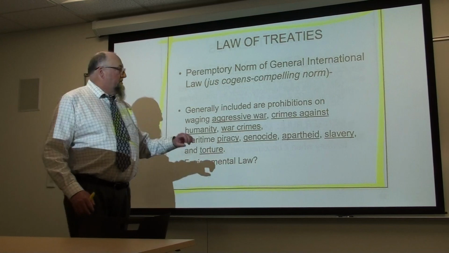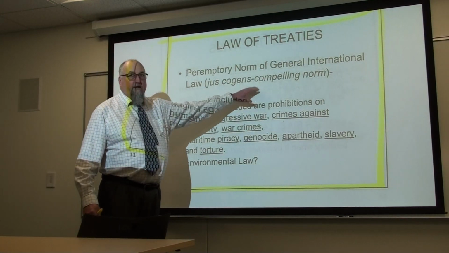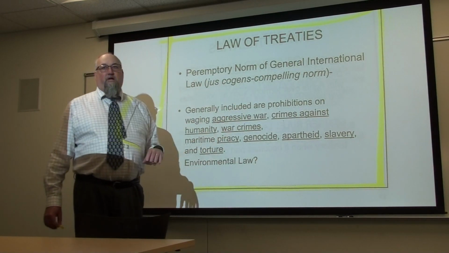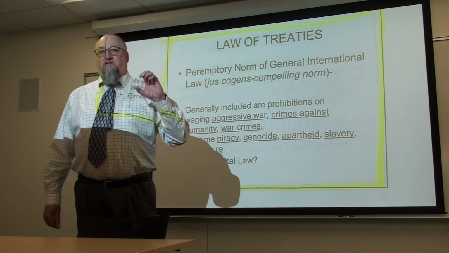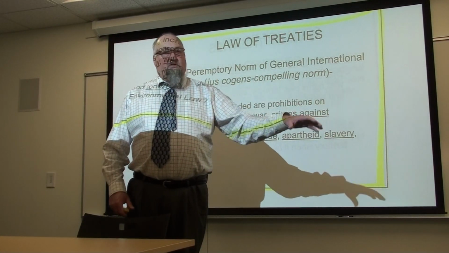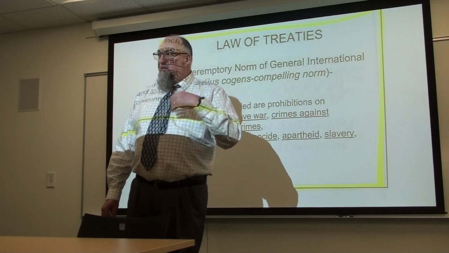Now, this phrase, jus cogens, a compelling norm, a peremptory norm of general international law, dovetails back to last time when we talked about the different relationships in international law.